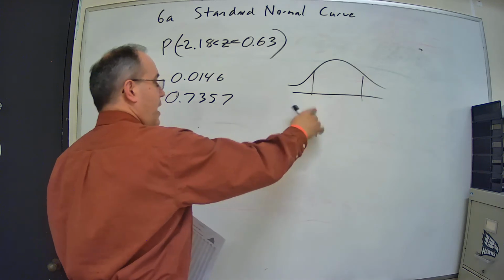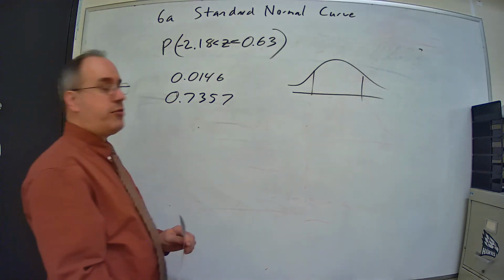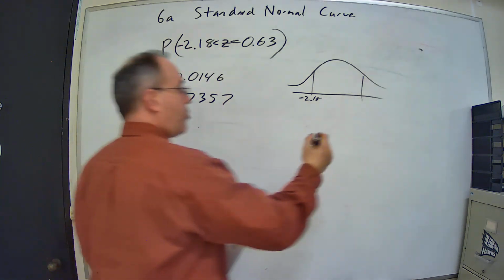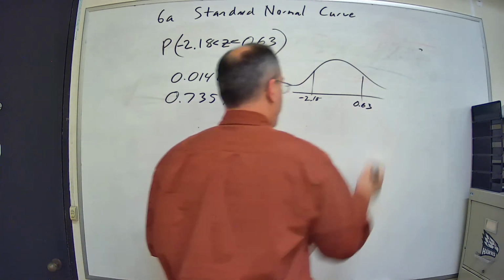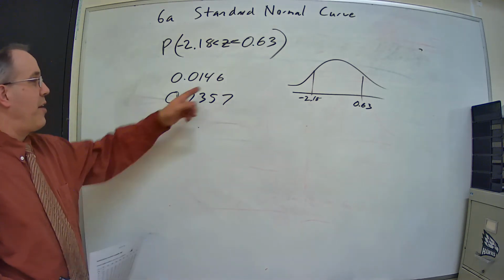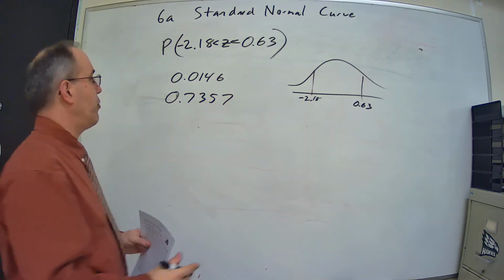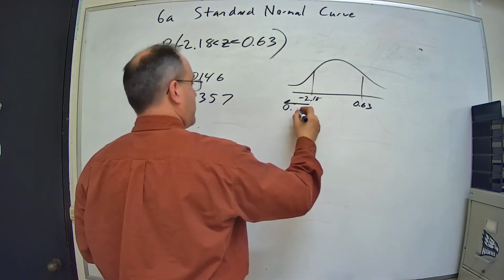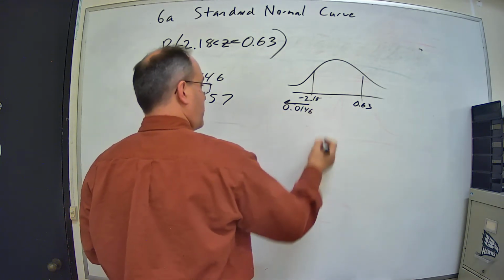so we know what we're looking at. I have a z-score of negative 2.18 and a z-score of 0.63. The area to the left of negative 2.18 is 0.0146.